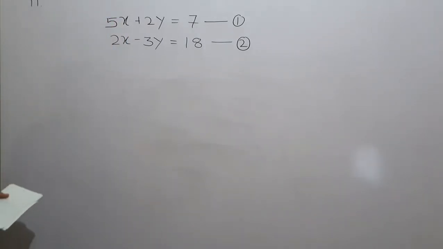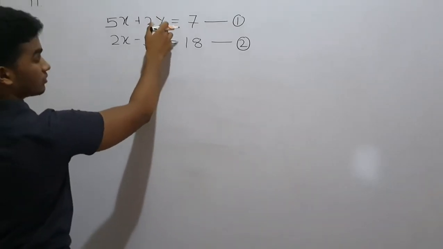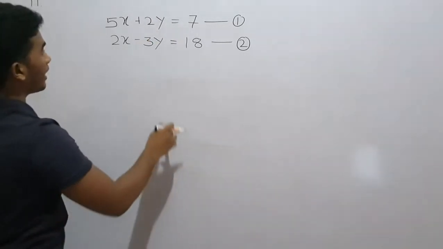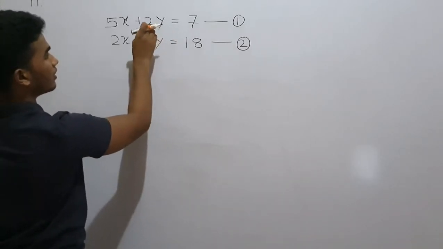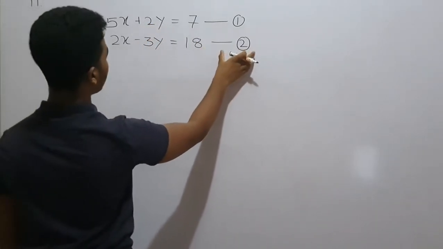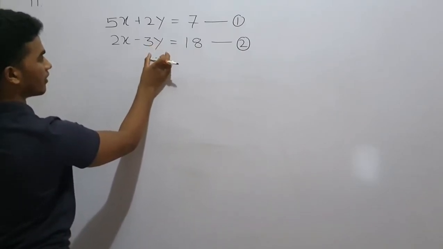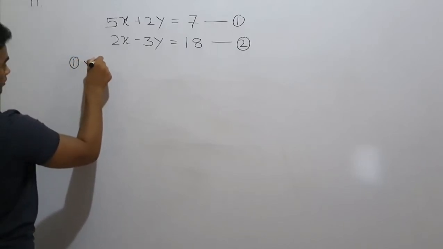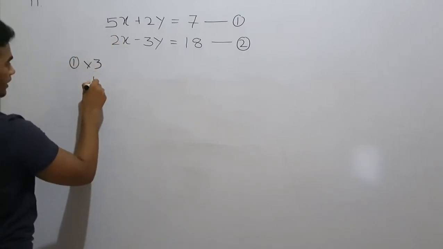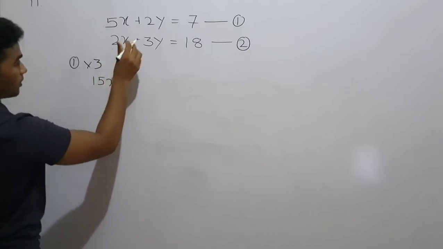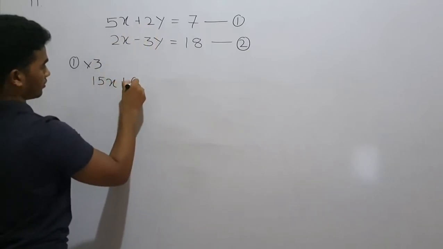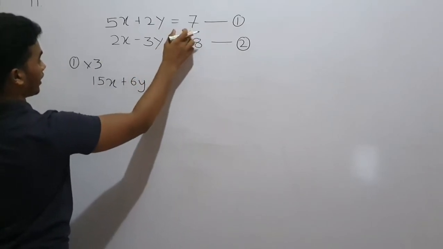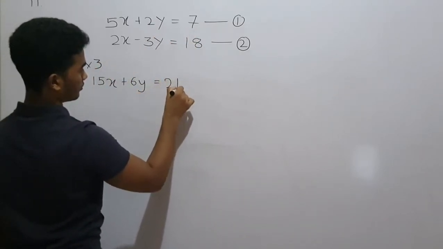Now what you can do is, we'll try to eliminate the y terms. We can multiply the first equation by 3 and make 2y into 6y, and the second equation by 2 to make minus 3y into minus 6y. So first equation by 3: 3 into 5 is 15x plus 3 into 2 is 6y equals 3 into 7 is 21.